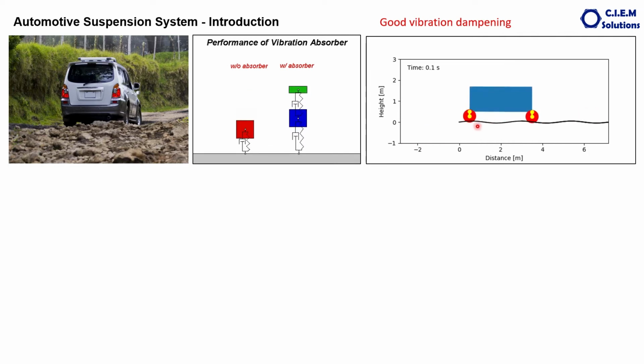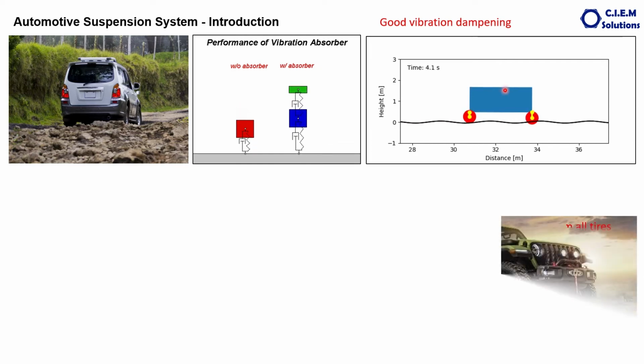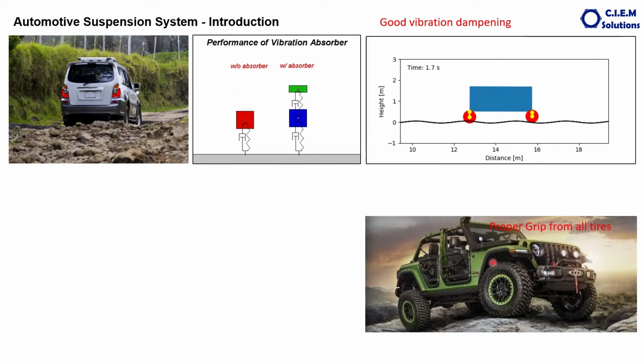So here it is giving proper road contact, absorbing the shocks, and overall it is preventing the vibrations of the main component, that is the body of the vehicle. You can see how the tires have maintained contact in spite of these huge undulations on the road.